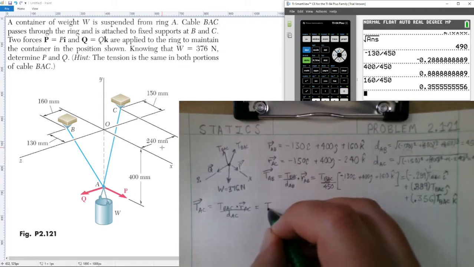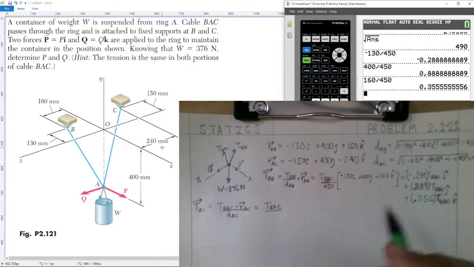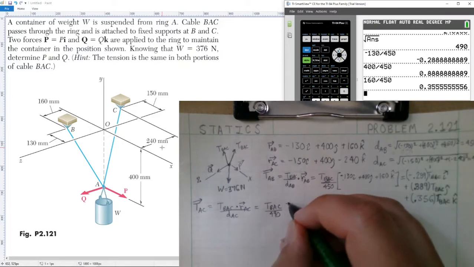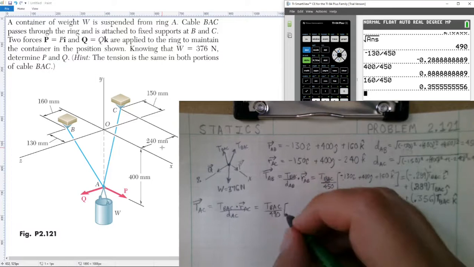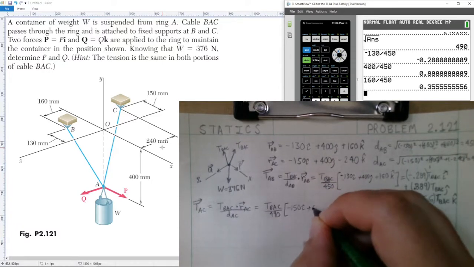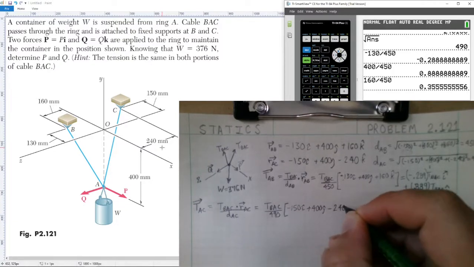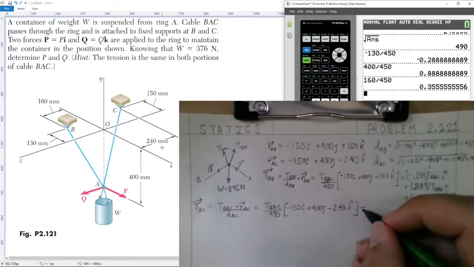So we have our tension BAC unknown, but our distance from A to C we do know is 490 millimeters. We're going to divide by it the components in our position vector of negative 150 i hat plus 400 j hat minus 240 k hat. So we're going to divide each one of these.